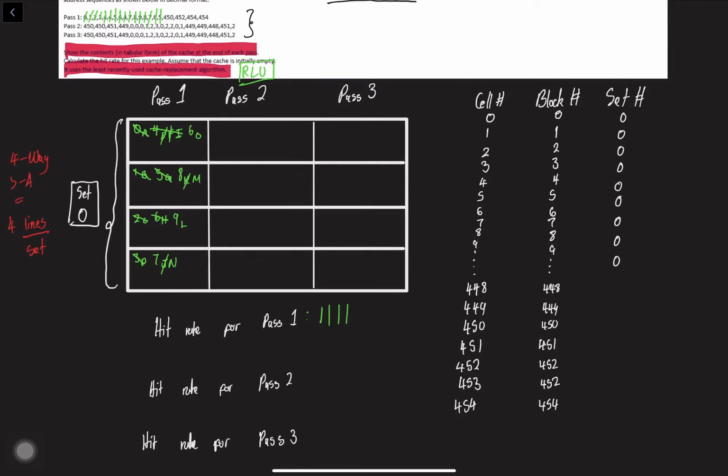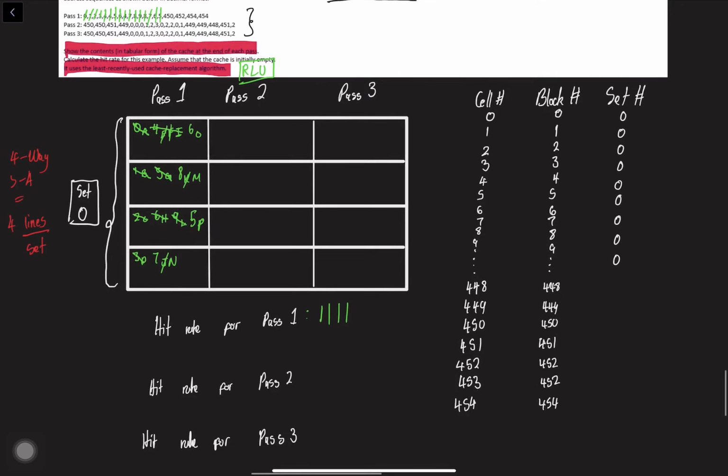The 5 has no place to go, so it will have to substitute someone. It will substitute the L, giving us, we have an O, we need a P. All right.